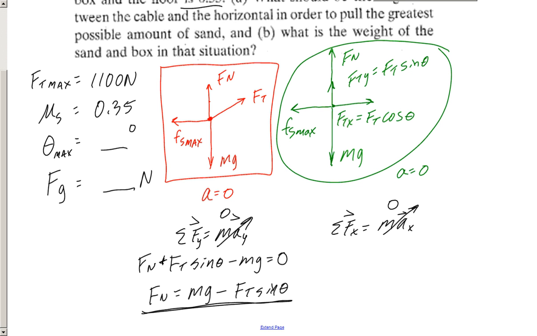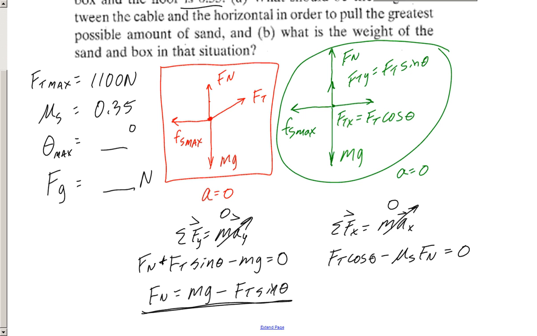So let's tabulate all of those things in the x direction. So what we're going to have is Ft cosine theta minus the mu static Fn, and that would be equal to 0.